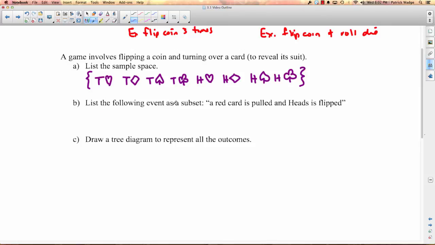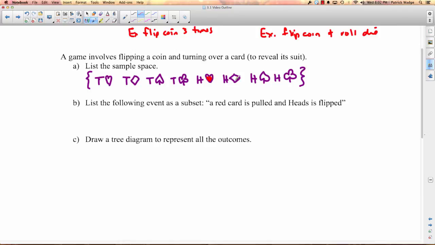List the following event as a subset. A red card is pulled and heads is flipped. So out of all these, which are like the universal set here, it's the sample space. All of the things are possible. We're going to make a subset. A red card is pulled and heads is flipped. So which one of these involves a head being flipped? No, no, no, no. Those are all tails. So heads being flipped, yes. And a red card pulled. Do you remember which ones are red?